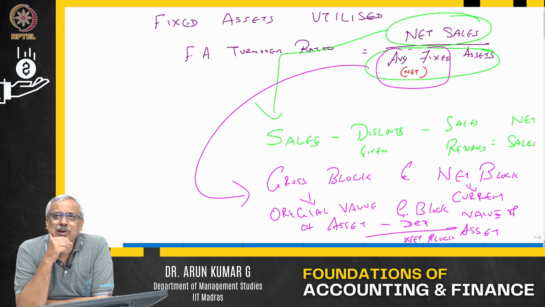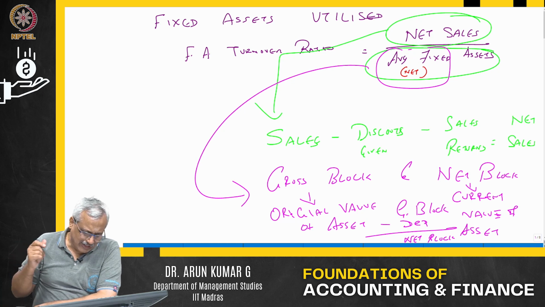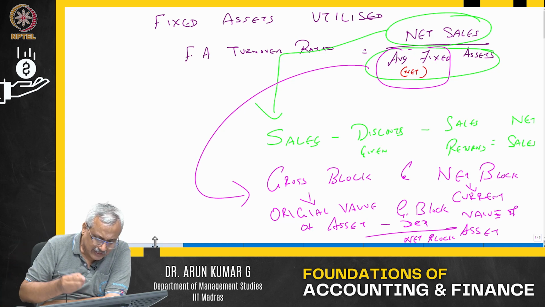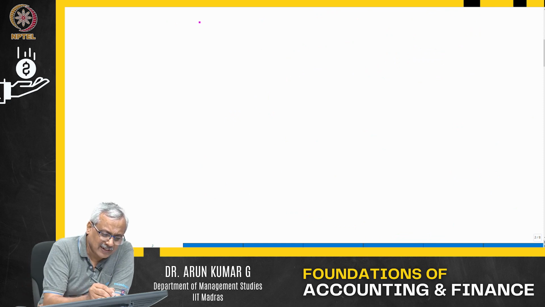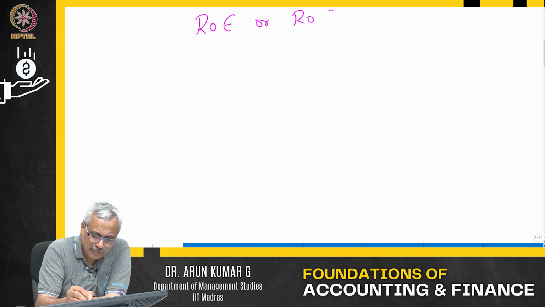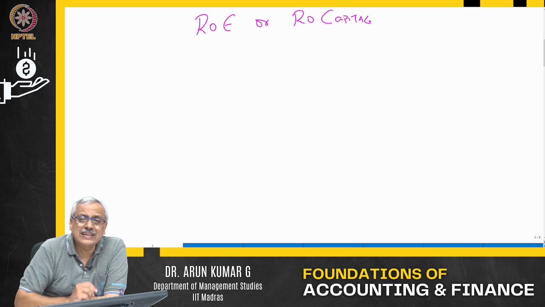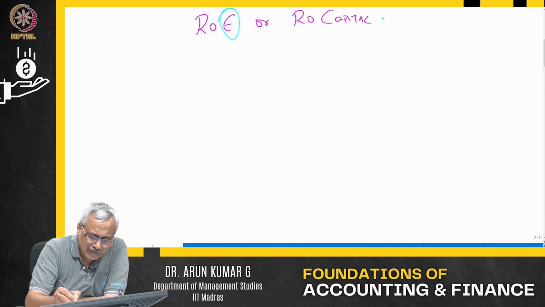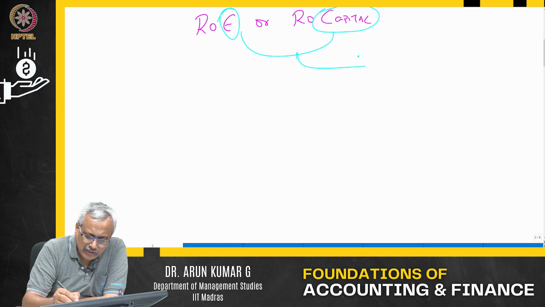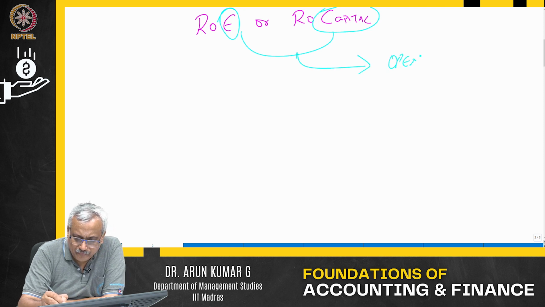Because normally, when we worked on return on equity or return on capital, what did I say? We take the equity part or the capital part as the opening.